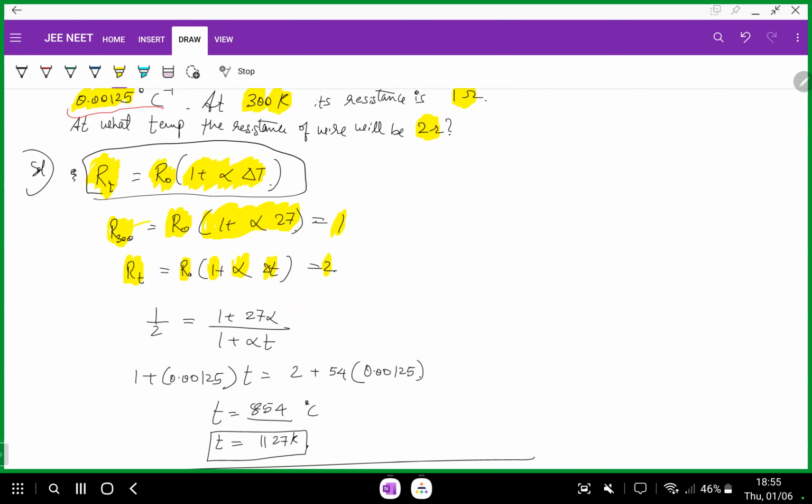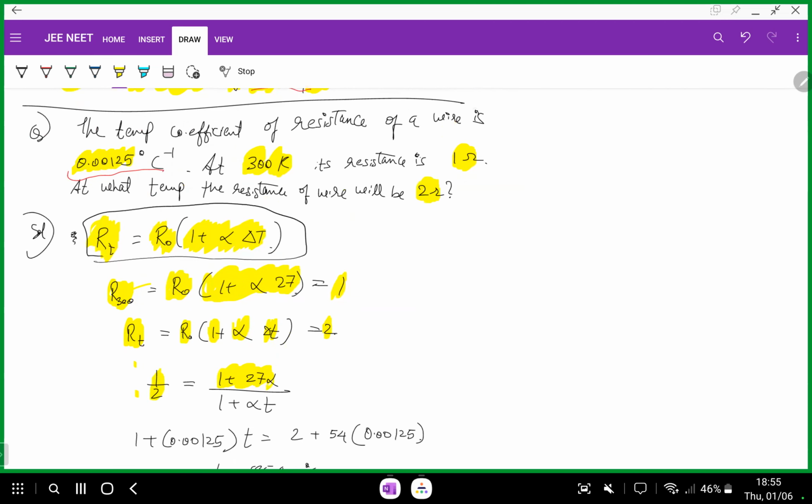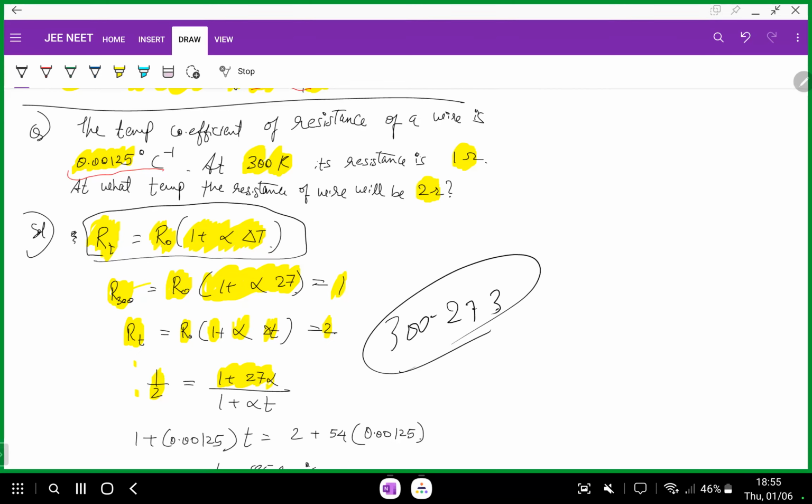So if we take these ratios here, 1 by 2 equals 1 plus 27 alpha over... I am subtracting 273 from 300, the standard temperature in degrees Celsius, so I'll get 27 for conversion.